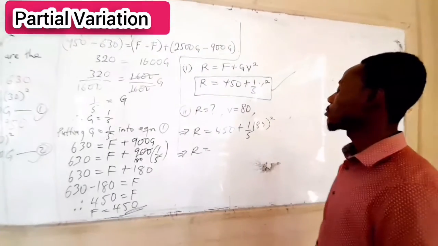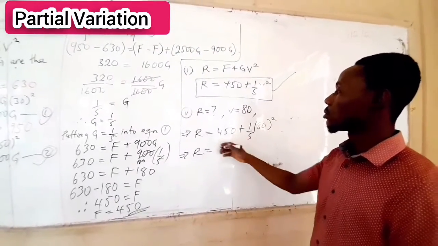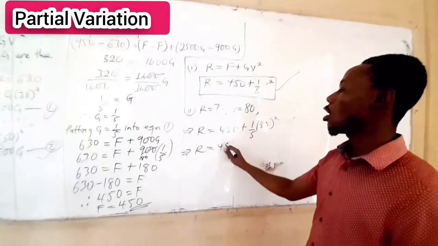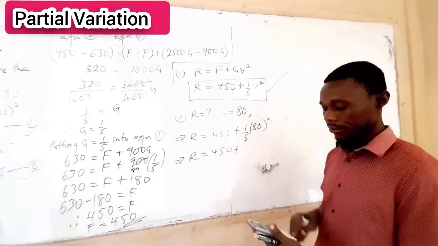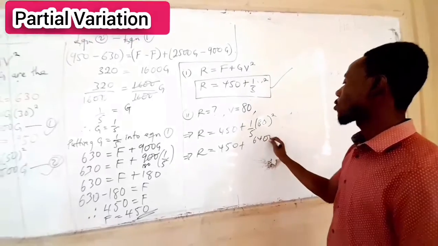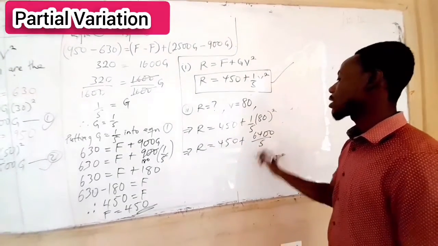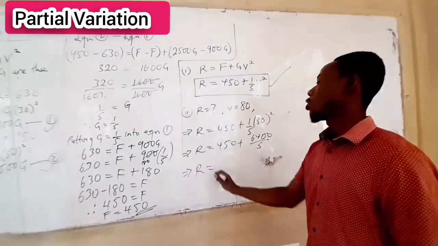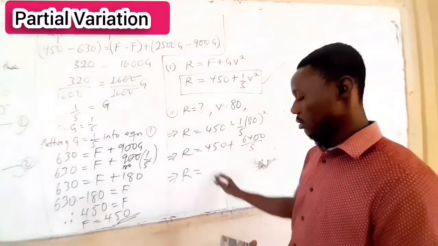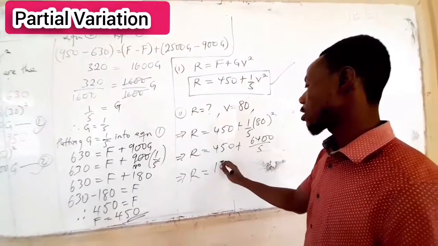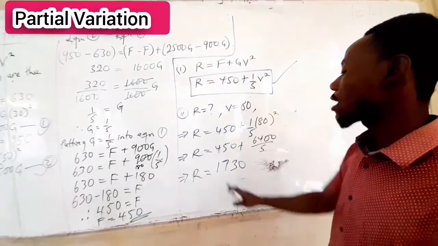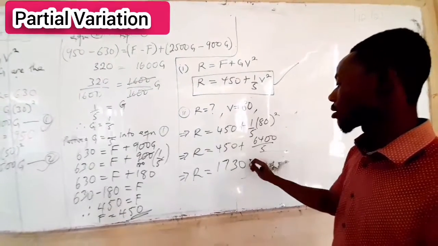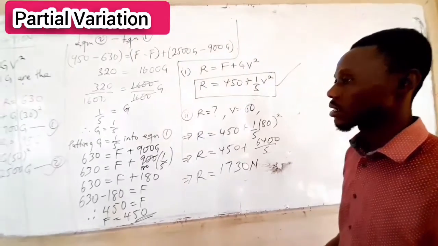Without wasting time, we can point this one, or 450 plus 80 squared, 6400, then divided by 5. And our answer will be 1730. Our final answer, we have to add Newton to it.